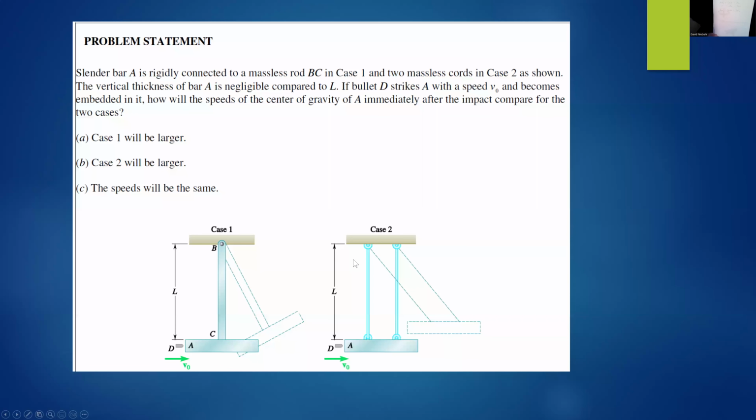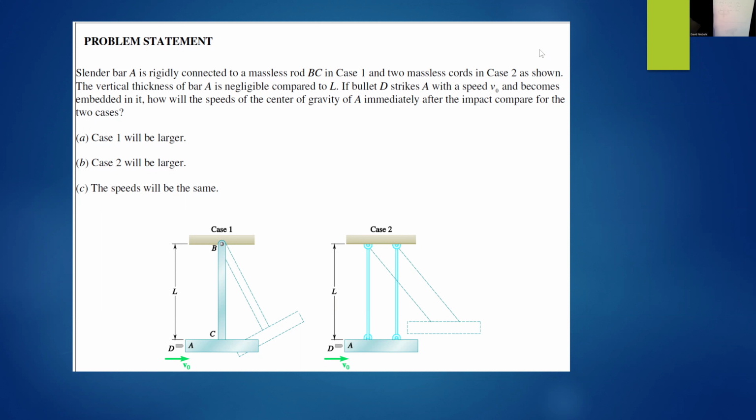All right. So let's look at a theoretical question. What we have there is a slender bar A rigidly connected to a massless rod BC in case 1, and 2 massless cords in case 2.